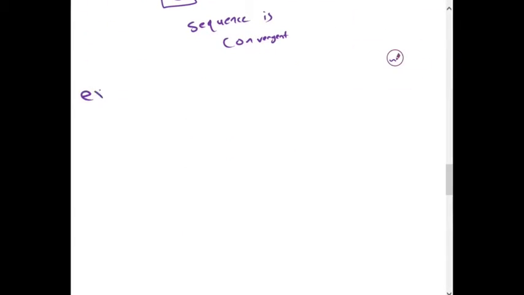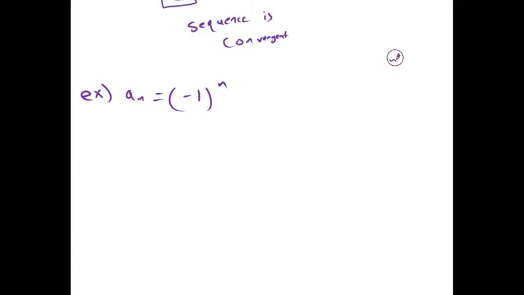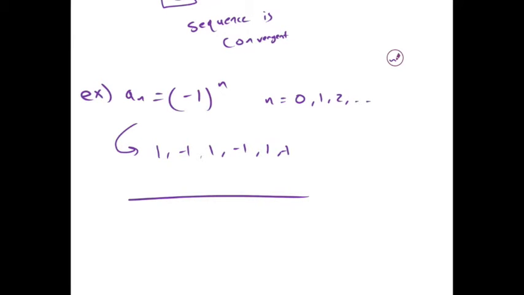Then we have sequences like the one we started with, negative 1 to the n. So this sequence takes on the terms 1, negative 1, and I'm going to specify that it starts at 0. As you can see, this sequence doesn't approach some limiting value.